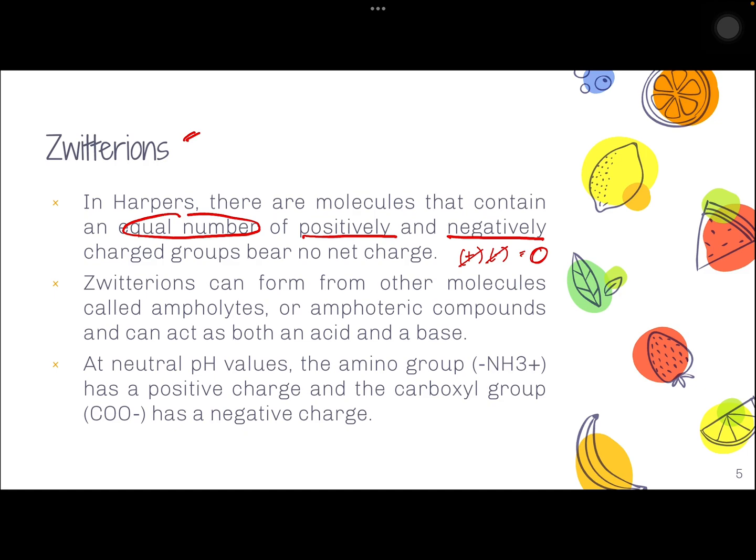In neutral pH values, the amino group NH3 has a positive charge and the carboxyl group has a negative charge. Both termini contribute to the final charge of the Zwitter ion.